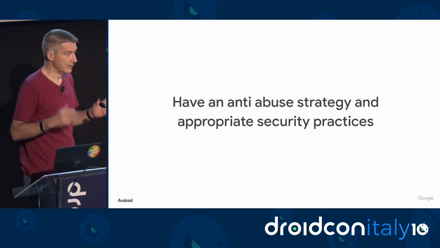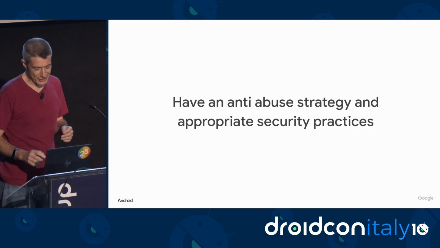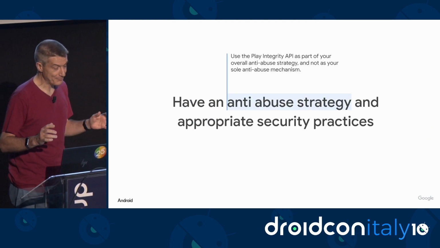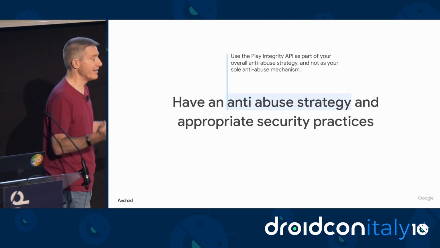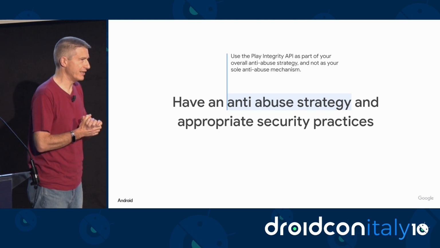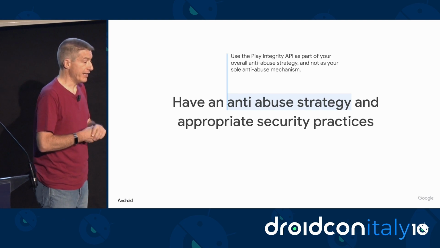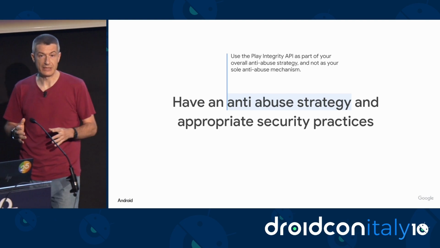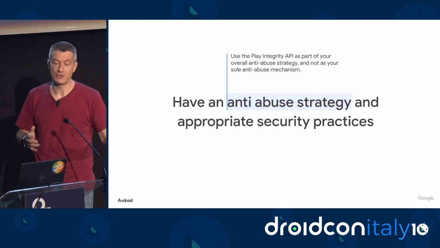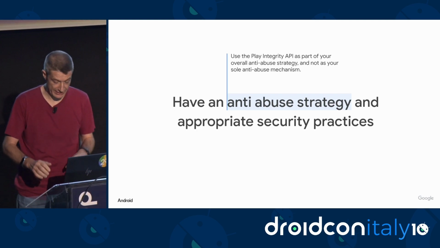Okay, just to make it clear, the Play Integrity API is not the only anti-abuse strategy that you need to put in place. It's an important part of it. We are going to see which kind of information it can provide, but it's not the only one.